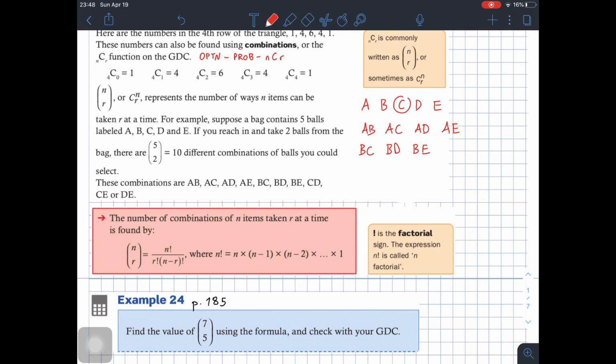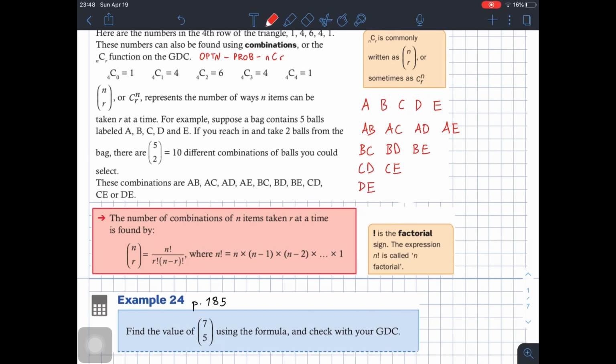Then we go to C. Once again, I cannot write CA nor CB because I already wrote those. So we have CD and CE. Finally, for ball D, I can join it with ball E. So my last option would be DE.